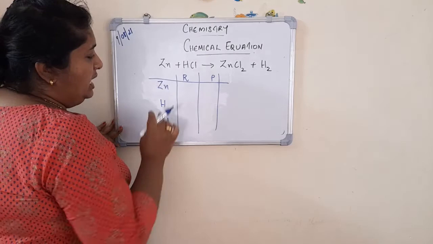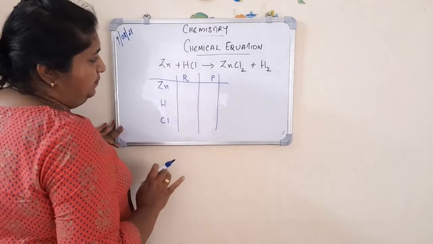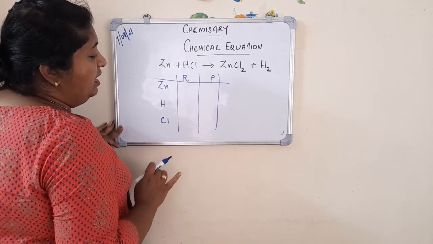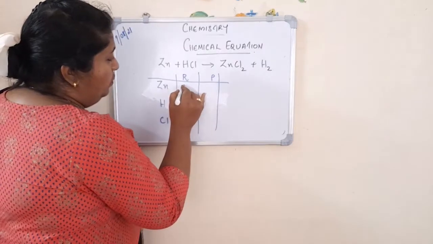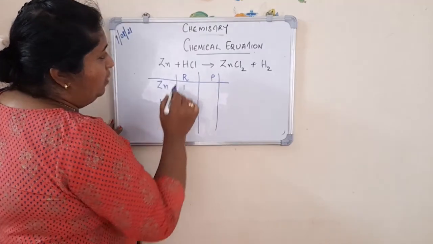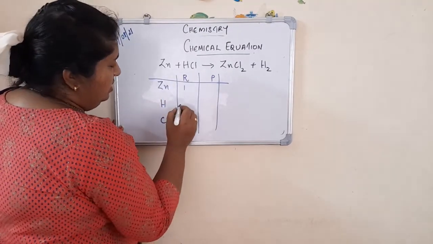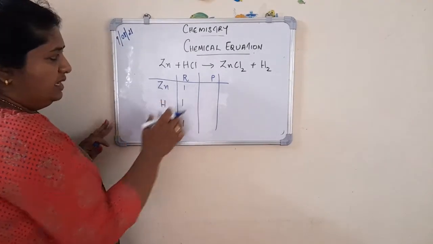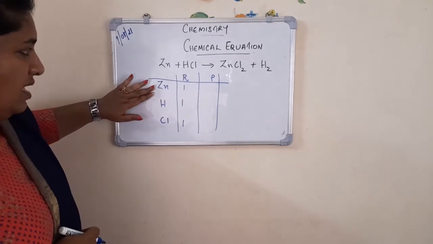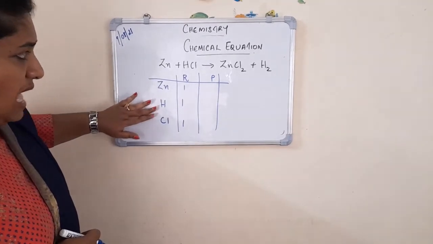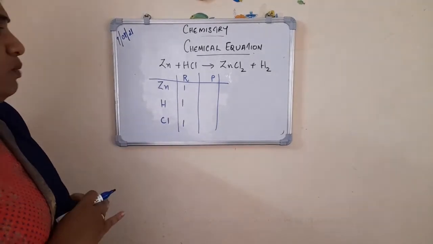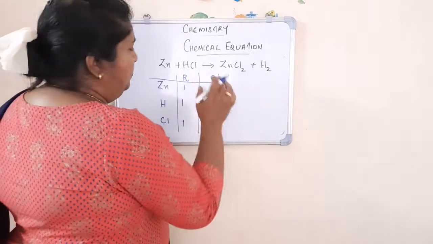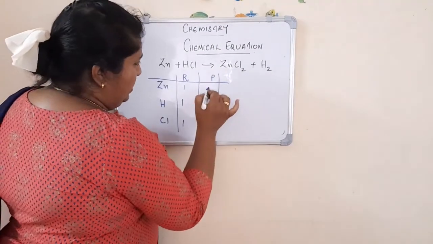Now, in the reactant side, you can find only one zinc atom. What about hydrogen? 1. What about chlorine? 1. So in the reactant side, one zinc atom, one hydrogen atom, and one chlorine atom. What about the product side? In the product, zinc is 1. Good.